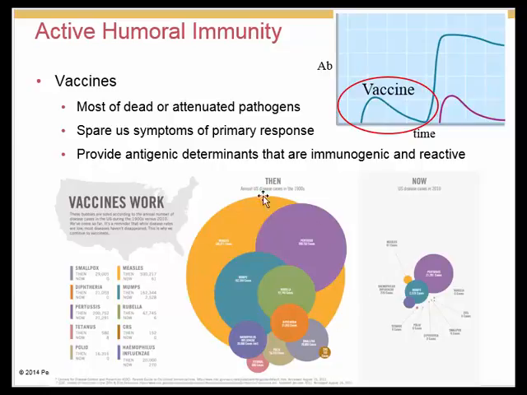You can see this is from the 1900s, the numbers of cases of these different disorders. And now, obviously, having that primary response already taken care of has saved a lot of individuals and saved us from being infected from a lot of sometimes deadly diseases.